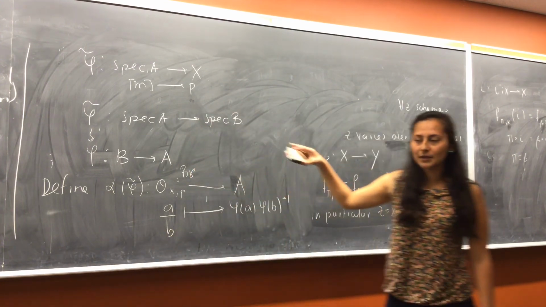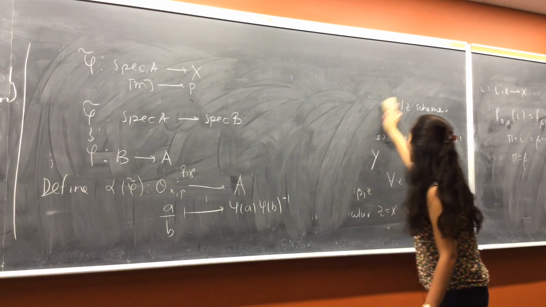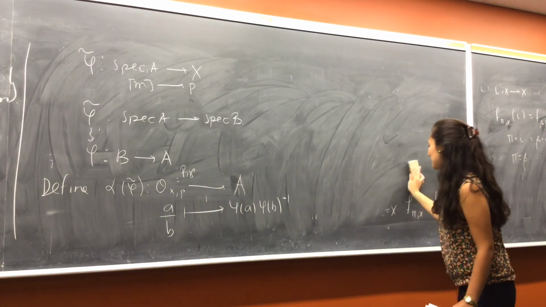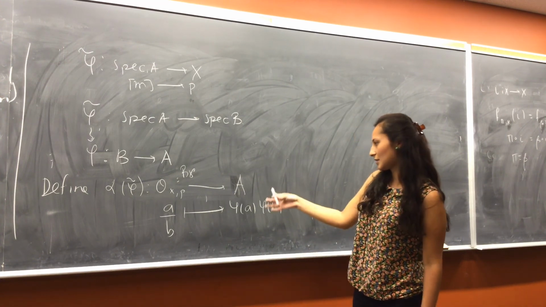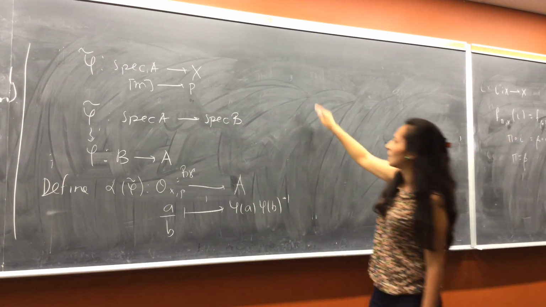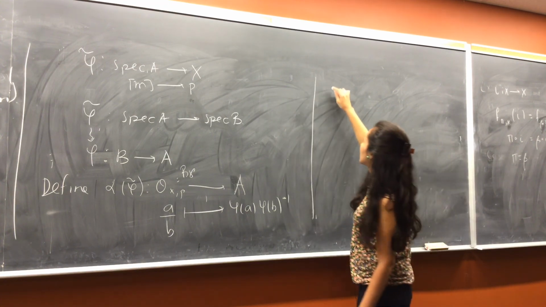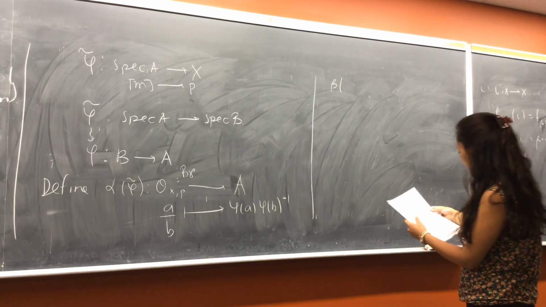There's another way to define it, I think faster, using the stalks. But this is good in the sense that you can verify that this is well defined and actually it's a local morphism. Good. And in the other direction, I think that's not that bad.